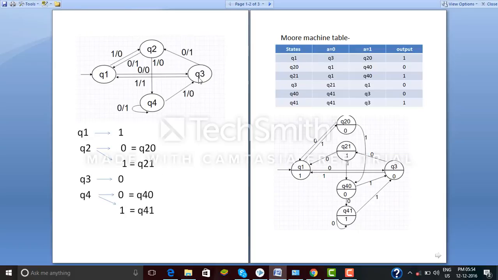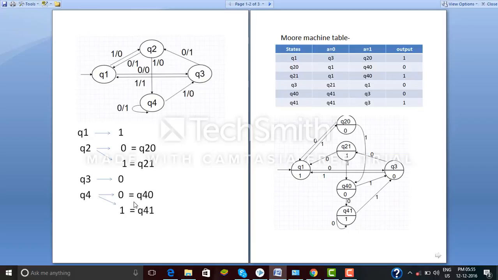Now comes the Q3 state. We can see these two lines are coming towards the Q3 state with output 0. Because of the same output, we consider the Q3 state with output 0. Now on the Q4 state, we can see these two lines are coming towards the Q4 state giving output 0 and 1.